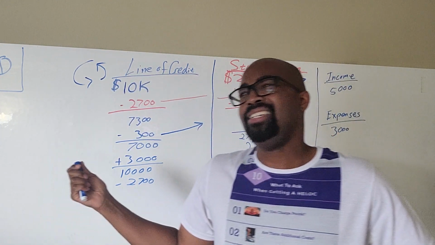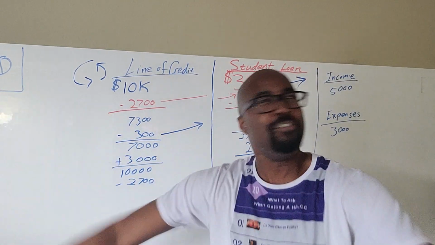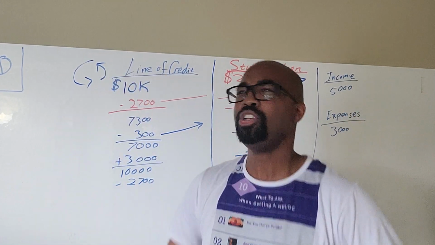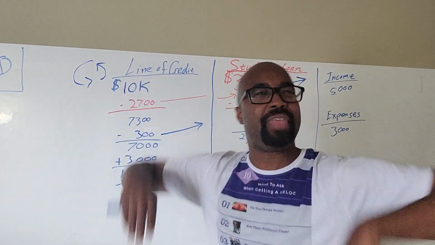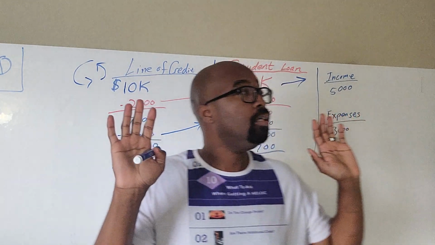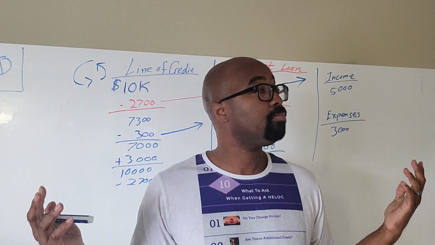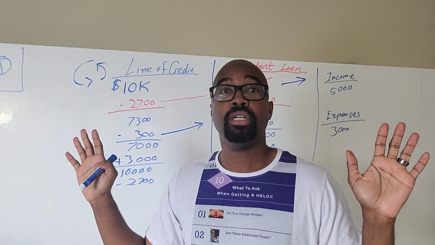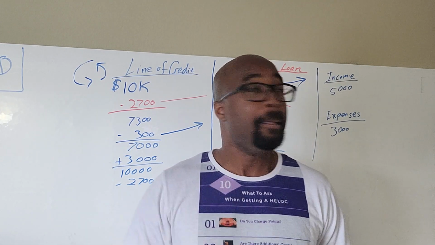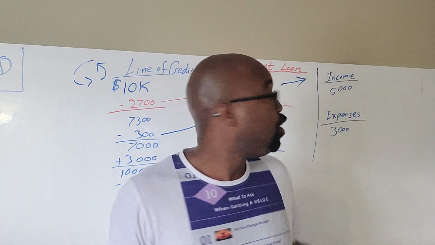And you're saying, CJ, I don't really care about my credit utilization. Can I use all of my $10,000? Because the fact of the matter is, I know that my score is going to go up as soon as I'm over that hump. You can do anything that you want to do. Because if you were to use the whole 10 grand and max it out, with $2,000 staying in the line of credit because you're making income $5,000 and expenses $3,000.